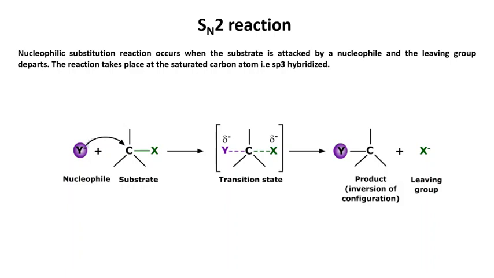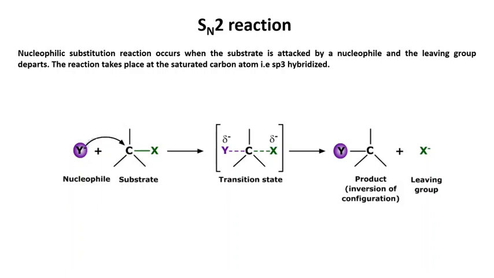The mechanism of these reactions may be represented as here. During the formation of transition state, the substrate carbon loses the sp3 hybridized state and attains the sp2 hybridized state with one unhybridized p orbital in a perpendicular direction to the trigonal plane containing the carbon with the non-reacting groups.